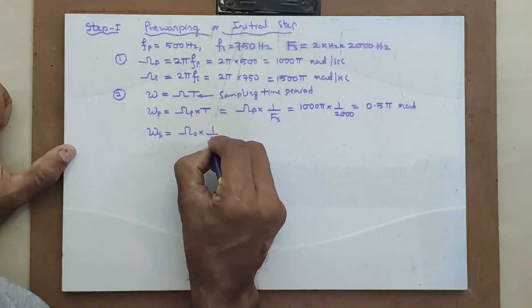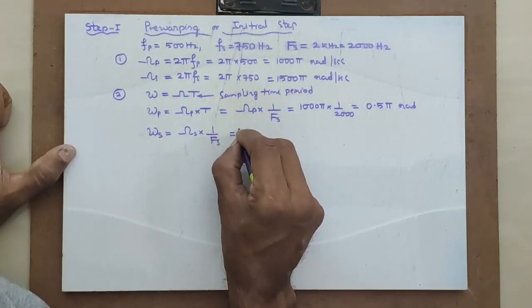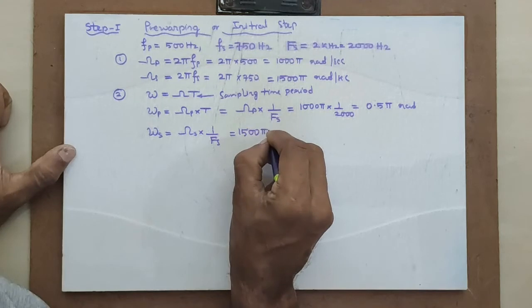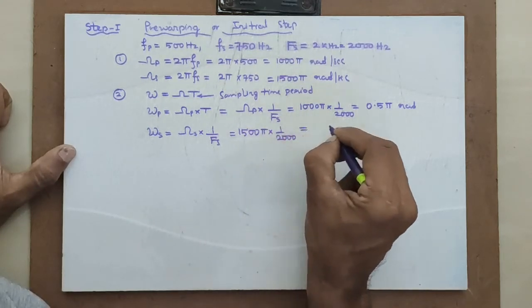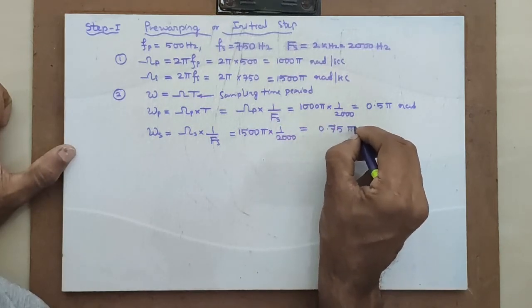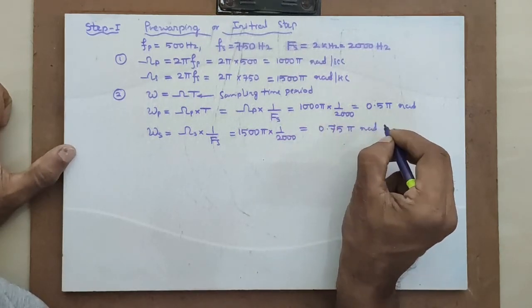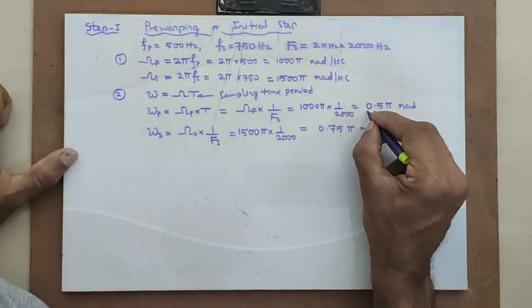Now Ws again, the same: omega s into 1 by fs, is equal to 1500 pi into 1 by 2000, which becomes 0.75 pi radians. You can see that this is already example 1.